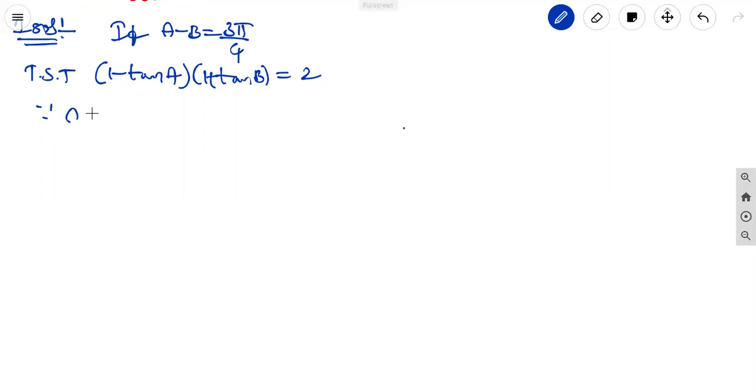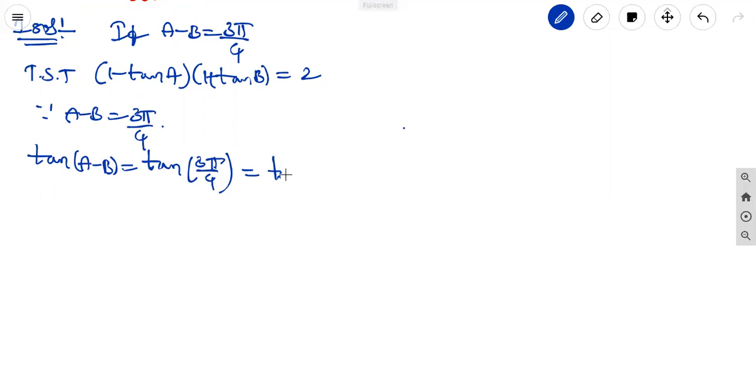Since A minus B equals 3 pi by 4, taking tan on both sides, tan of A minus B equals tan of 3 pi by 4. It is equal to tan of pi minus pi by 4. Taking the LCM, 4 pi minus pi is 3 pi by 4.